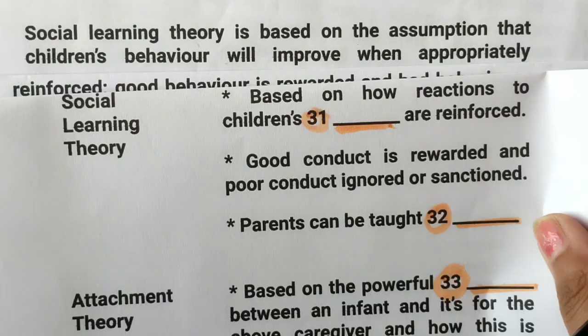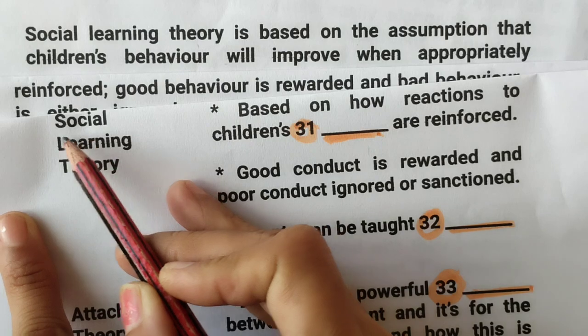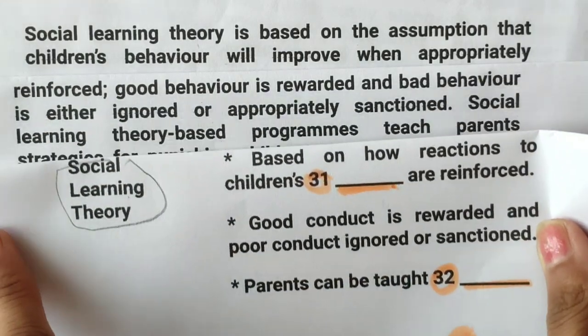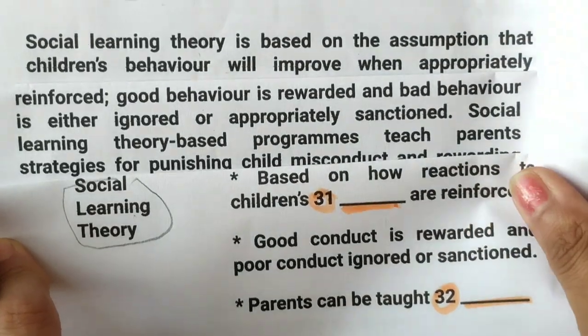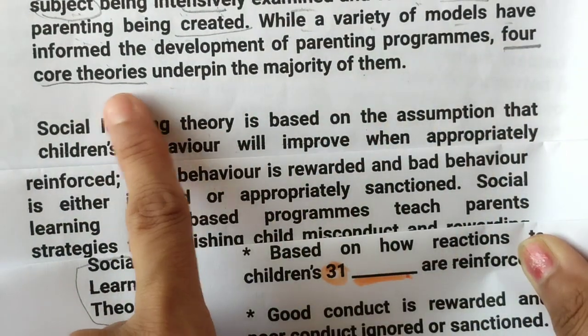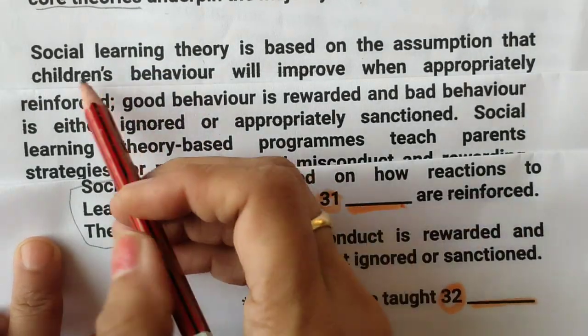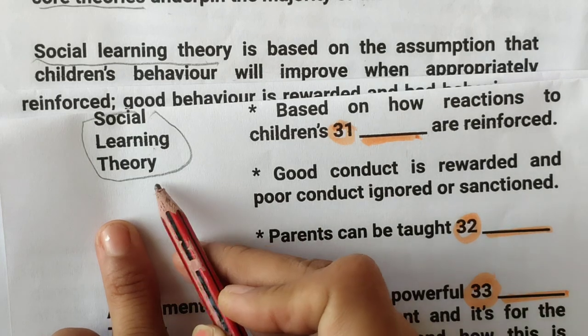Okay. Now first, question number 31. So this is the topic they have given, social learning theory. They have started the next paragraph where we have got the location of 4 core theories. Under that they have started this paragraph with social learning theory. So this is the social learning theory, and first we will read.